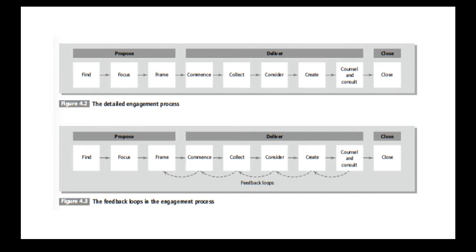And what would they be? In the propose stage, you have three specific steps that you will have to look into. First is the find step, the second is the focus step, and the third is the frame step. So find, focus, frame. They're pretty easy to remember, the three F's.